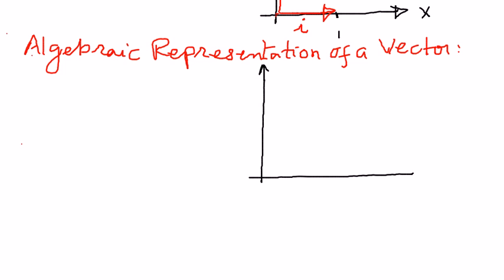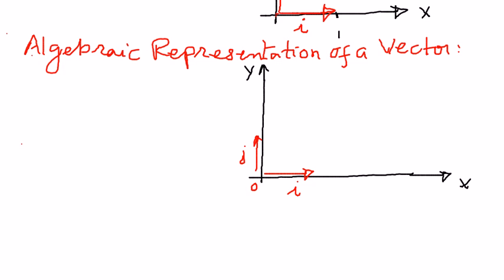If this is the y-axis and if this is the x-axis, and from the origin, if I were to travel 1 unit in the x-axis direction, if i is the unit vector in the positive x direction, and if j is a unit vector in the positive y direction, then the algebraic representation of a vector is going to be as follows.